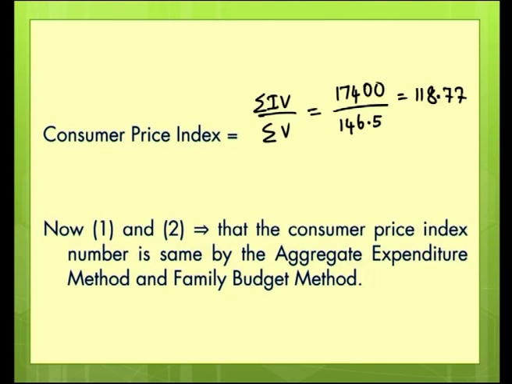So, we have calculated consumer price index by aggregate expenditure method and got the value as 118.77, and we have calculated consumer price index by family budget method, and this value is also 118.77. So, both the methods give you the same answer for consumer price index number.